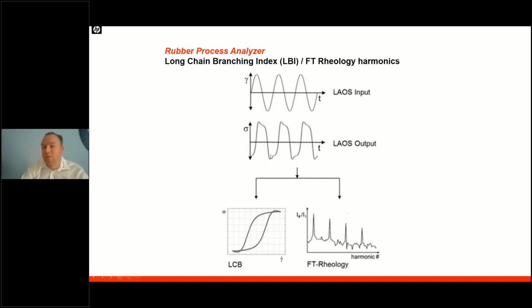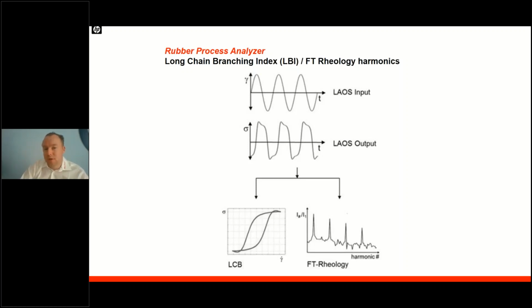However, our material response is no longer sinusoidal, but a distorted sine wave. For this, we have done extensive research and added Fourier transformation rheology by looking at higher harmonics, meaning frequencies higher than the original frequency, but also by plotting this data in a stress versus strain rate format, calculating the long chain branching index.